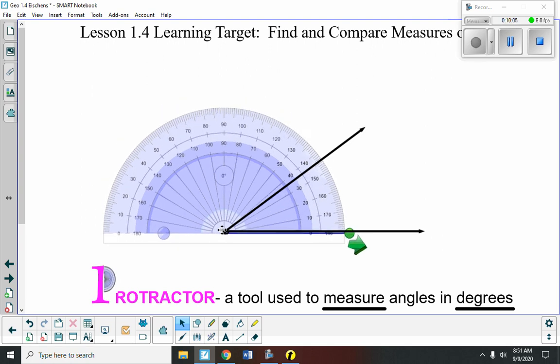And then we want to have this line where the 0 is lined up with one side of the angle. And this is starting at 0 and measuring up. So 0, 10, 20, 30. So this would be from 0 to, so it would be about 38 degrees is what I'd say. So that is a protractor. It's what we use to measure an angle.